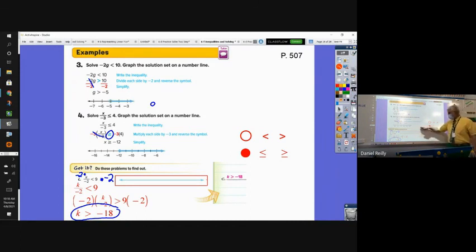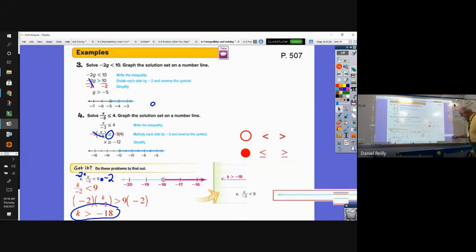So if from negative 18 I cover up things to the left, like negative 20 and negative 30, are those greater than negative 18? No. So it's an open circle and an arrow to the right. You guys did a lot better than last class.